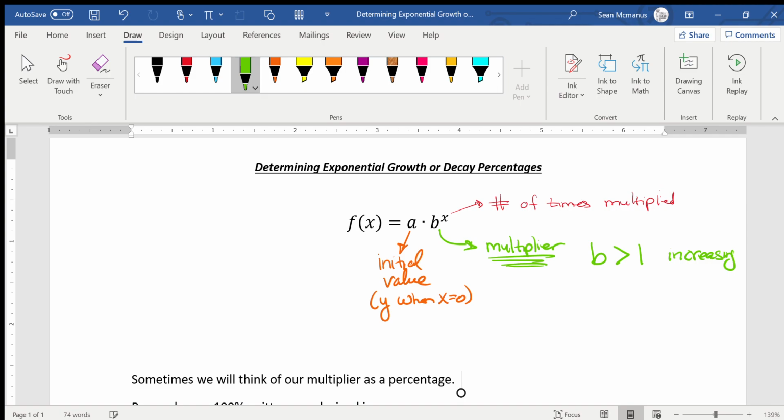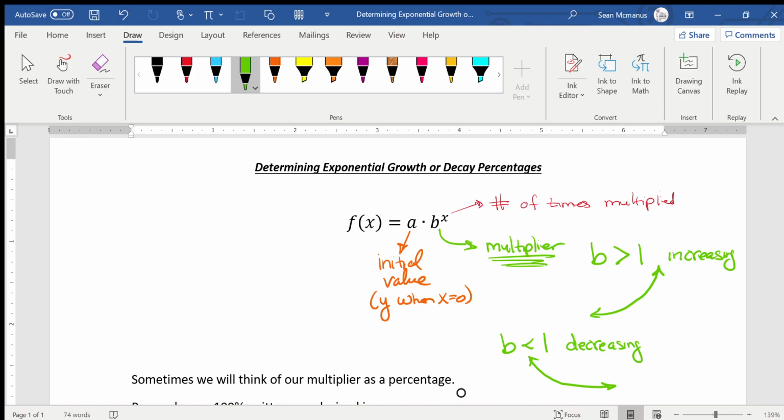And my graph is going to look something like this, going up from left to right.